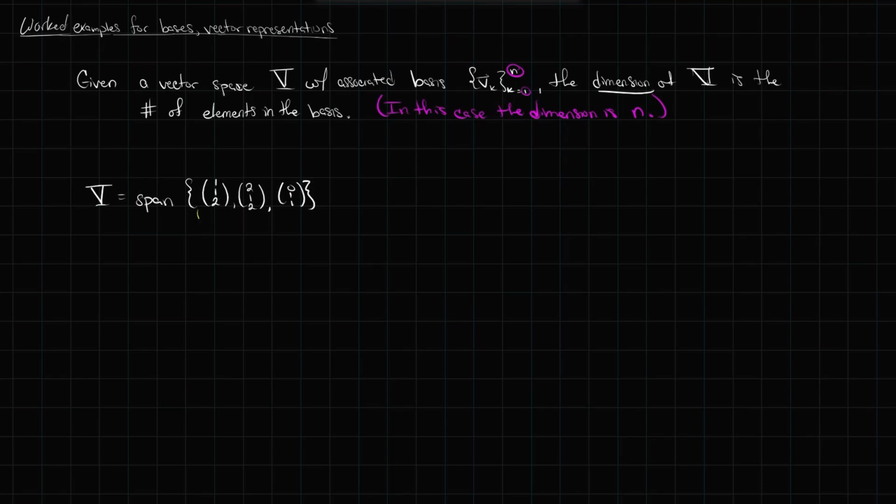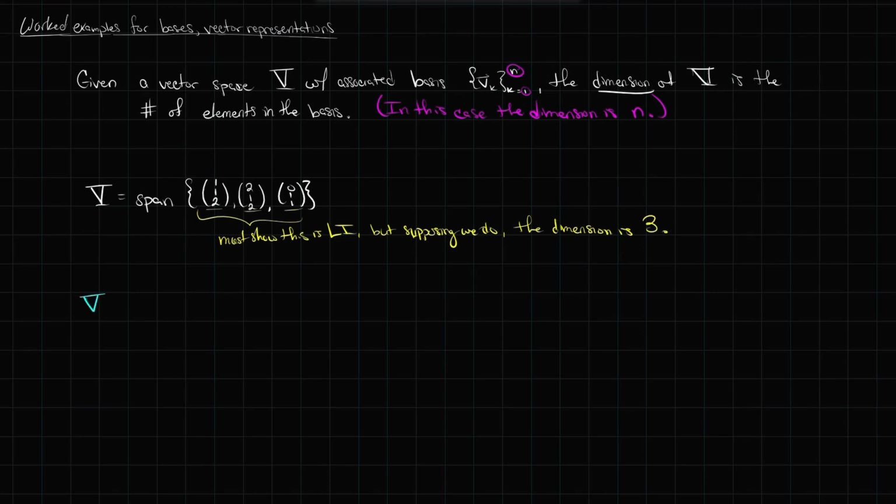Now you must show this is linearly independent, otherwise it's not a basis. Supposing we do, which it is, I'm just not going to go through the work of showing that, the dimension is 3, because there are 3 elements in the basis set.